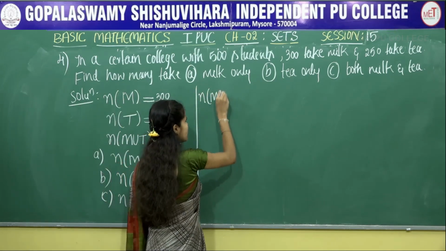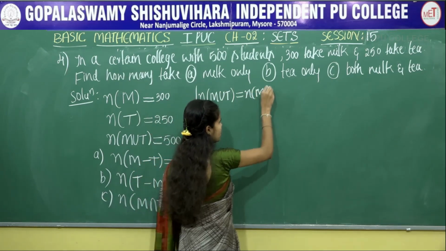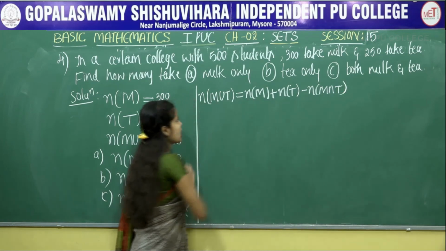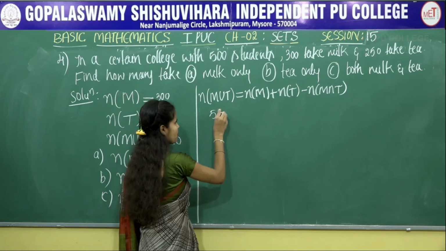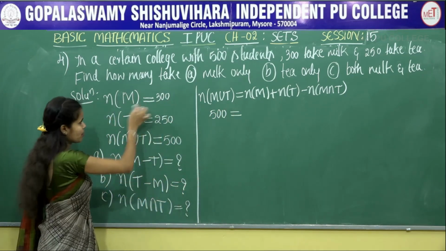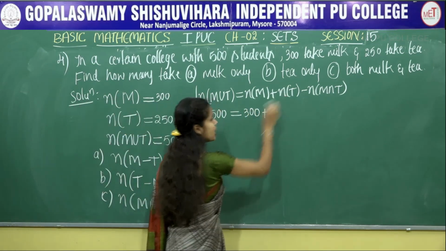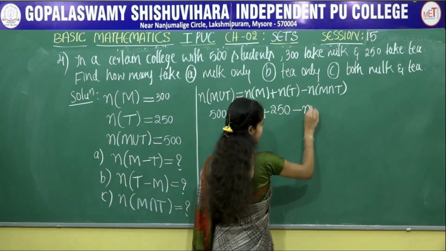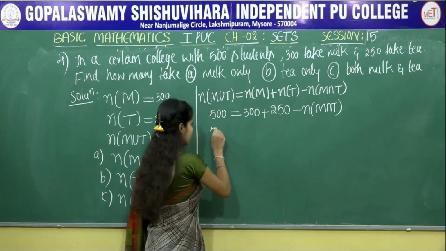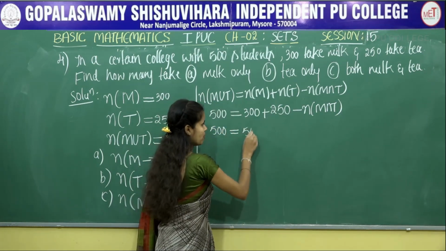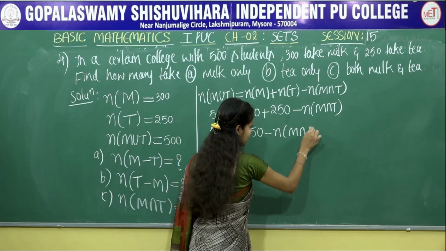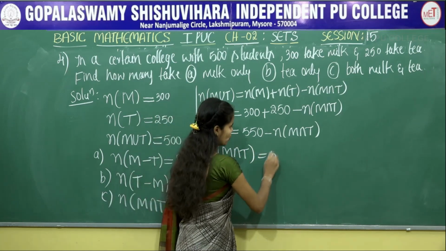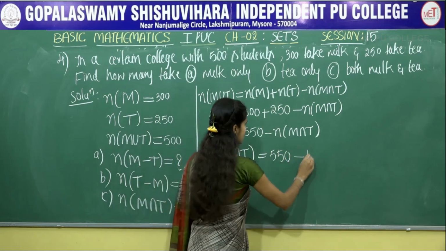We know that n of M union T is equal to n of M plus n of T minus n of M intersection T. So n of M union T is 500, equal to n of M, 300, plus n of T, 250, minus n of M intersection T. So 500 is equal to 300 plus 250, 550, minus n of M intersection T. Take this term towards the left side, it becomes plus n of M intersection T is equal to 550, take 500 towards the right side, it becomes minus 500.